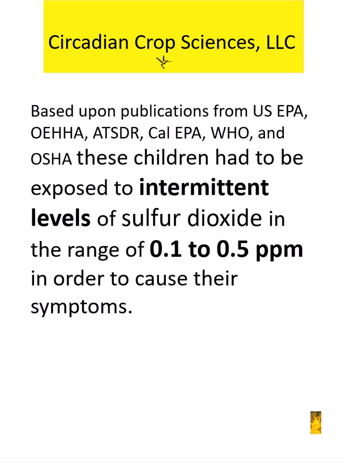Based upon publications from numerous government safety institutions and agencies, these children had to be exposed to intermittent levels of sulfur dioxide in the range of 0.1 to 0.5 parts per million in order to have caused the symptoms seen in this study following these children.